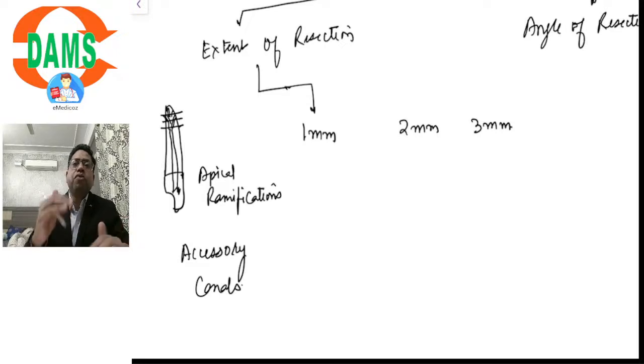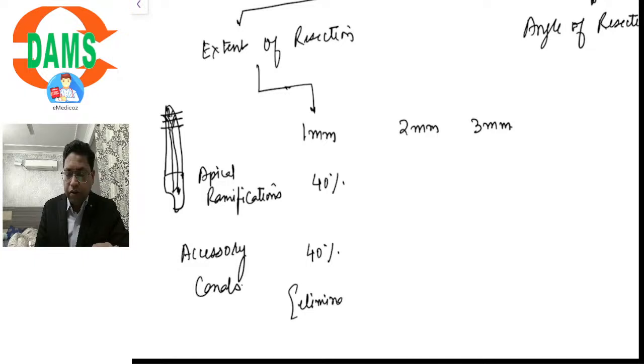So if I am cutting 1 millimeter of the root, nearly 40% of the apical ramifications and nearly 40% of the accessory canals are eliminated. Eliminated means they are removed.